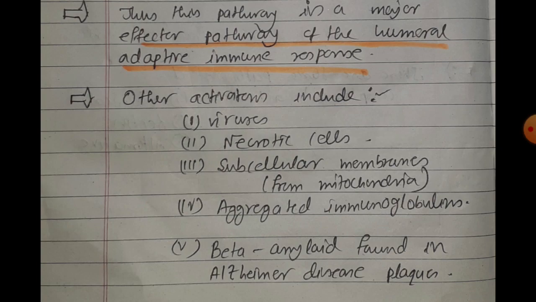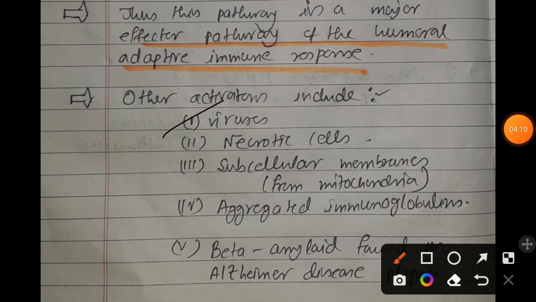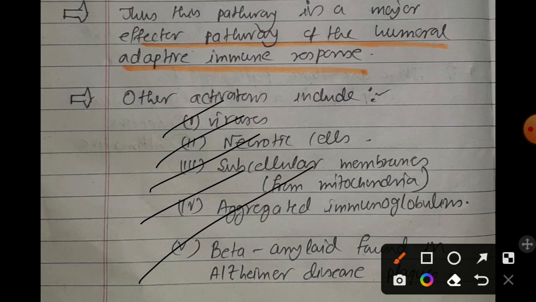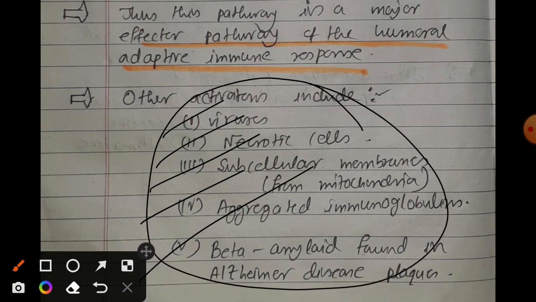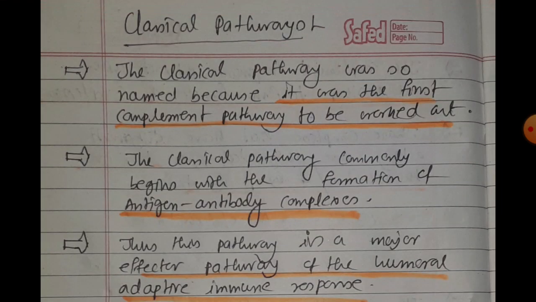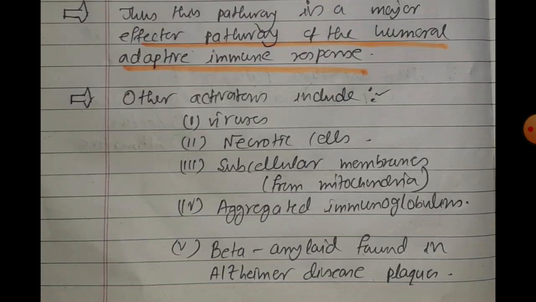Along with the antibody, there are other activators also present for the classical pathway. They are viruses, necrotic cells, subcellular membranes of mitochondria, aggregated immunoglobulin, and beta amyloid found in Alzheimer's disease. You have to remember all these names, because an MCQ may come from these things, where they will ask how the classical pathway can be activated and will not give you antibody as an option.